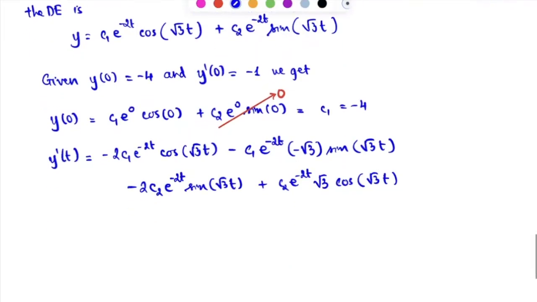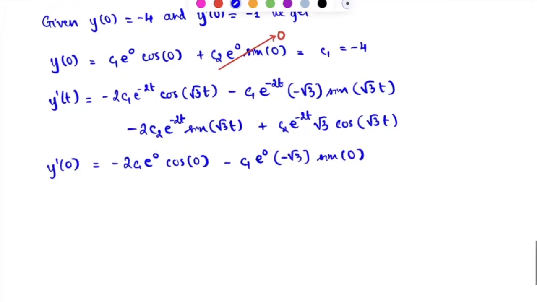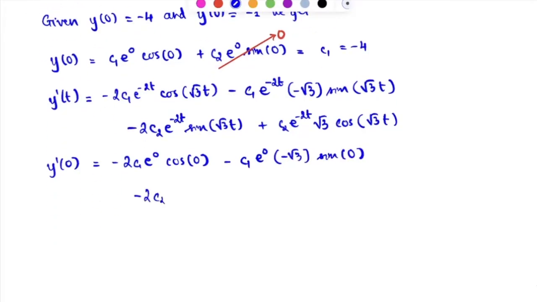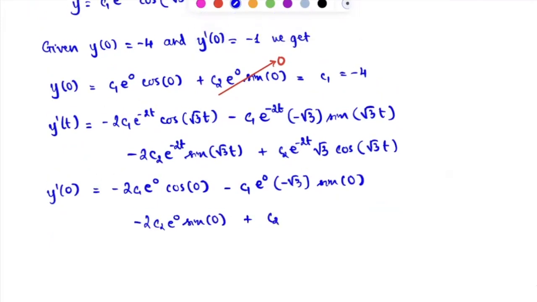So y prime of 0 is negative 2 times c1 times e to the 0 times cosine of 0, minus c1 times e to the 0 times negative square root of 3 times sine of 0, minus 2 times c2 times e to the 0 times sine of 0, plus c2 times e to the 0 times square root of 3 times cosine of 0. Again, sine of 0 is equal to 0, so this term is 0. This term is also equal to 0.